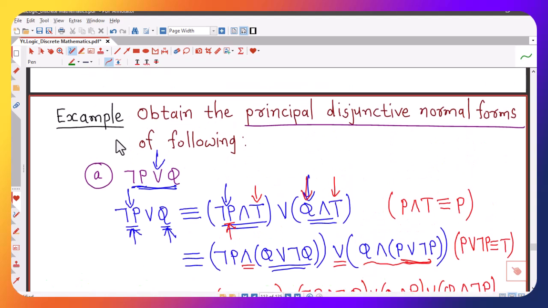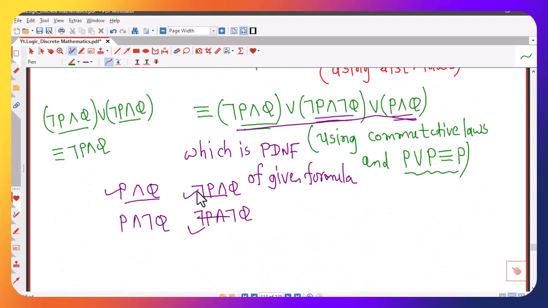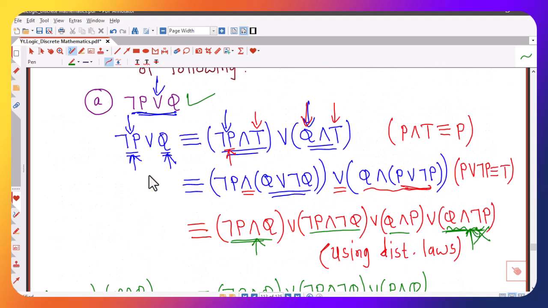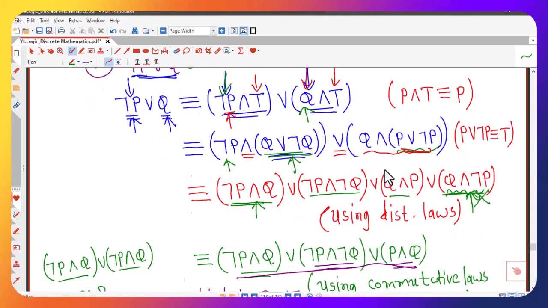In the above formula we had 2 variables p and q, therefore we wrote down min terms out of these 4 min terms. Whenever we have only a single variable missing, we write q or negation q with negation p, and here I have only one variable, so I have written q and p or negation p.